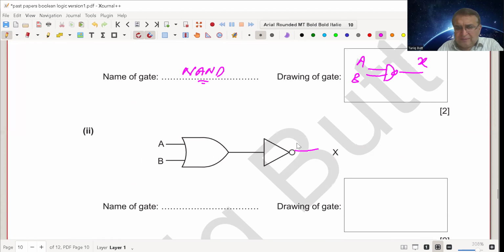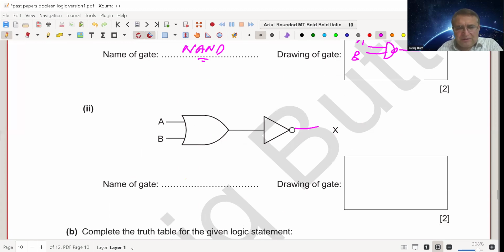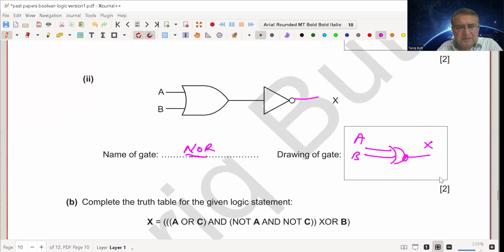What is that? Yes, that is NOR. That is the NOR gate. So OR followed by NOT is the NOR gate. And you can draw its symbol. So A and B are the inputs, X is the output, and that's it.